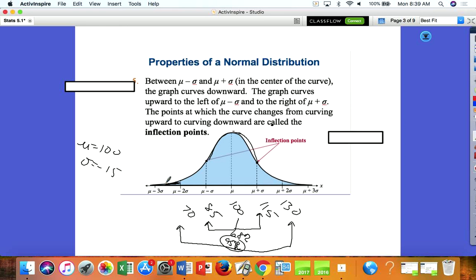So anything that were to fall more than 2 standard deviations above the mean or below the mean would have a probability of occurring with a total of 5% of the time. So we would consider that to be an unusual event if it fell more than 2 below or more than 2 above. Okay, that 5% thing.